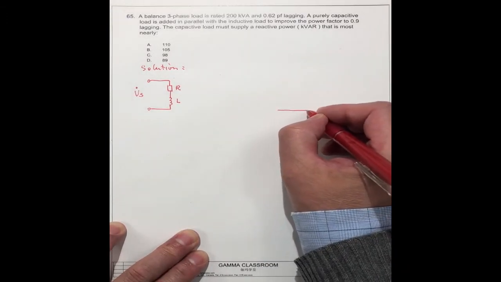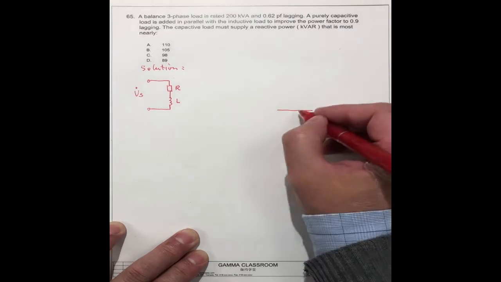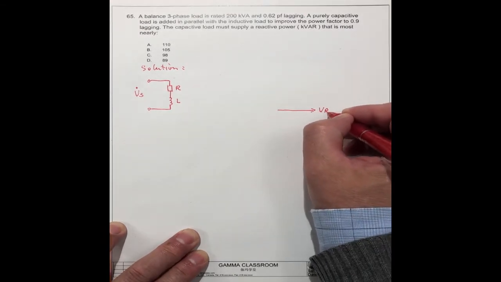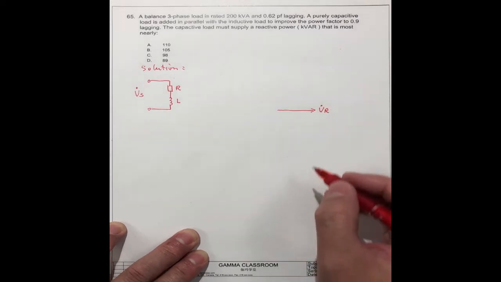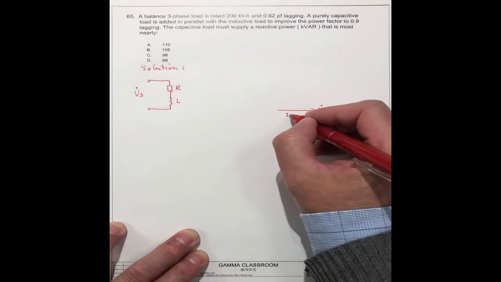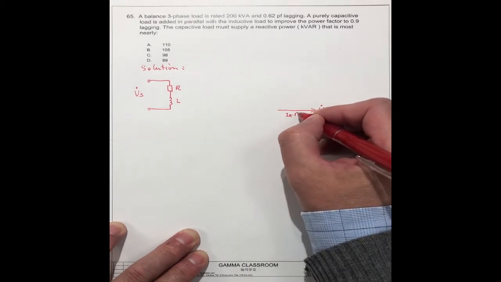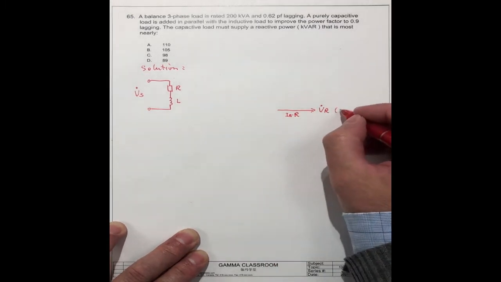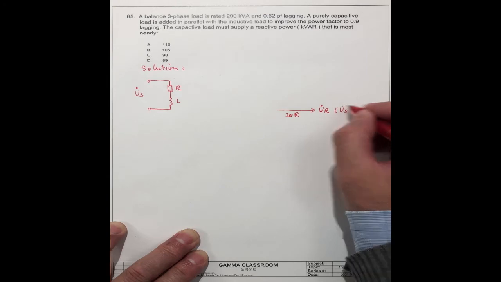We draw it like this. This is VR, a vector, equal to IR times R, and it has the same phase as Vs.